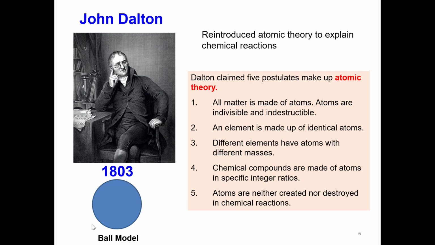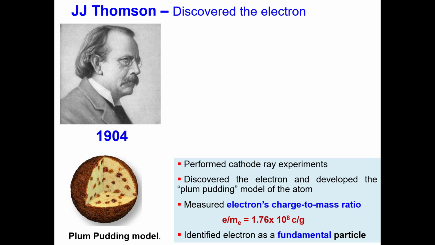Then after 100 years, J.J. Thomson, a physicist from England, discovered the electron. He won the Nobel Prize because of this work. He did the cathode ray experiment.